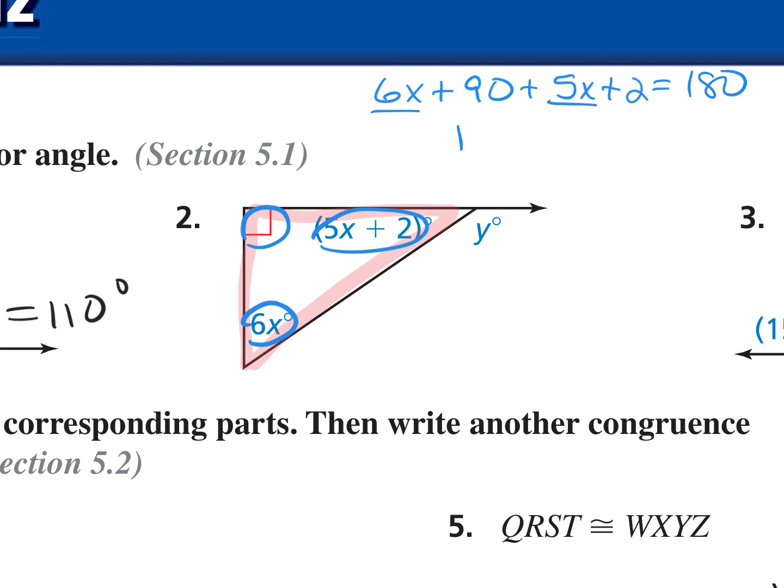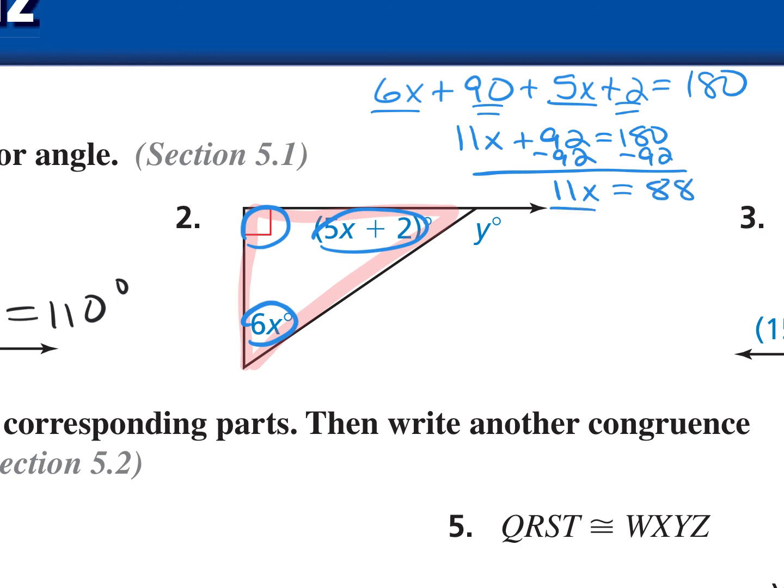5x and 6x is 11x. 90 plus 2 is 92. I need to subtract 92 from both sides. I get 11x equals 88. Divide by 11, and x equals 8. Now, it didn't ask me to find x.